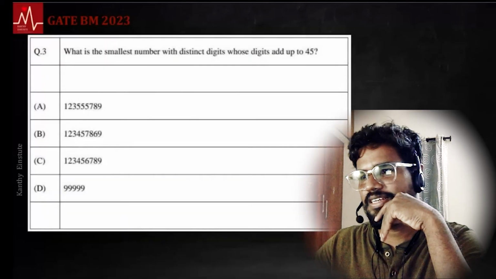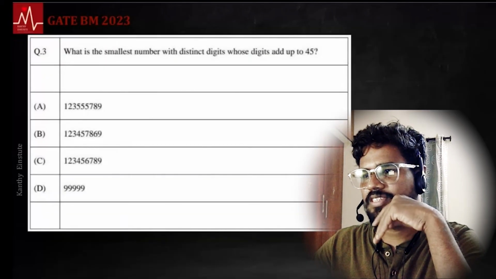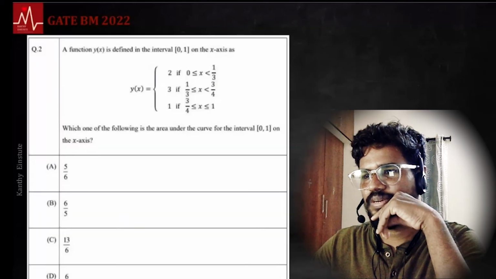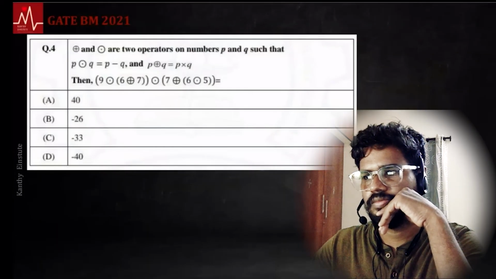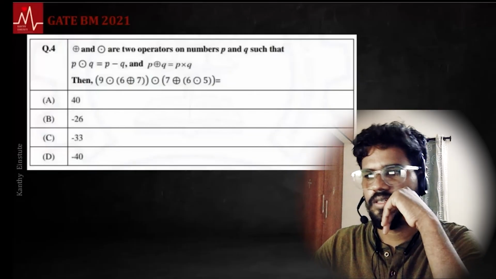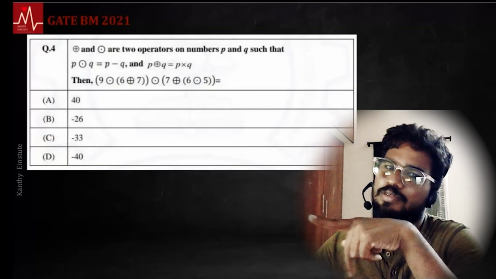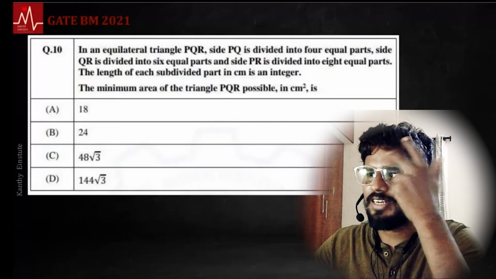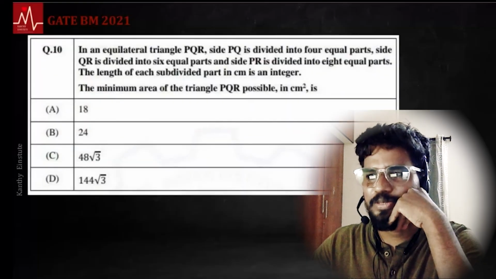Smallest number, the distinct digits add up to 45. Some graphs. Operator. Role play: plus is minus, minus is plus. What happens? Equilateral triangle. Surprise question.